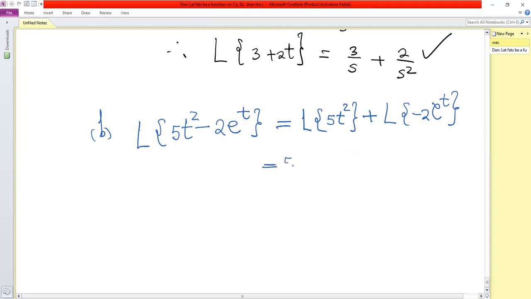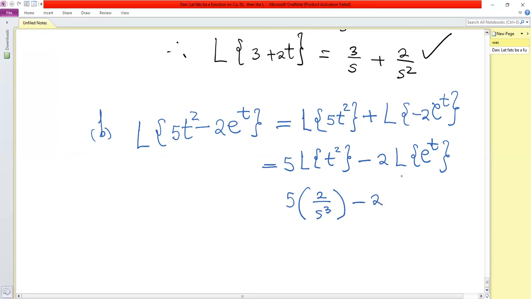Which is the same as 5 times the Laplace transform of t squared minus 2 times the Laplace transform of e raised to the power t. Now you can work this out from the definition or use Laplace transform tables. For the Laplace transform of t squared, you will get the answer to be 2 over s to the power 3. The Laplace transform of e raised to the power t is given by 1 over s minus a.